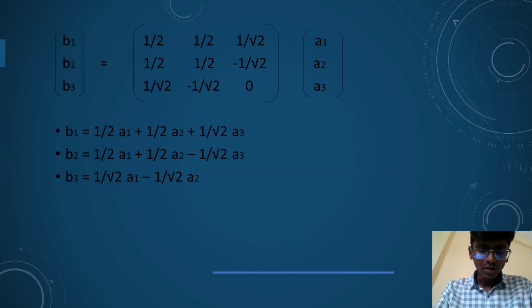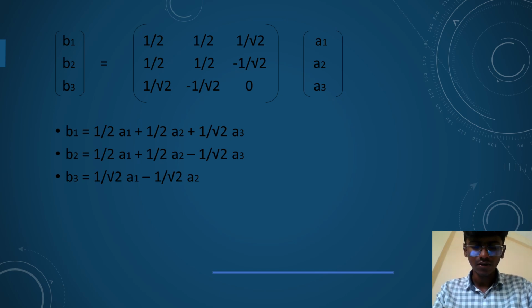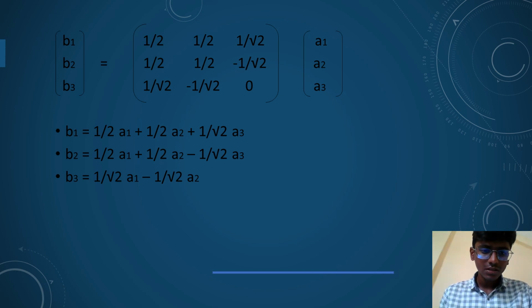B1, B2, B3 is a 1 by 3 matrix, S is a 3 by 3 matrix, and A is also a 1 by 3 matrix. So B1 is equal to 1 by 2 A1 plus 1 by 2 A2 plus 1 by root 2 A3. B2 is equal to 1 by 2 A1 plus 1 by 2 A2 minus 1 by root 2 A3, and B3 is equal to 1 by root 2 A1 minus 1 by root 2 A2.